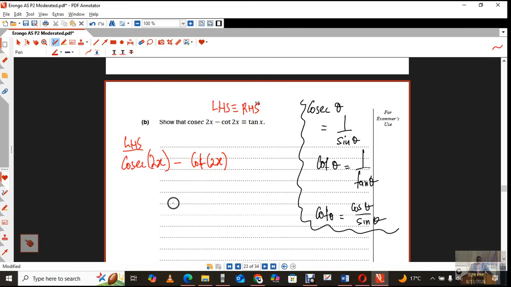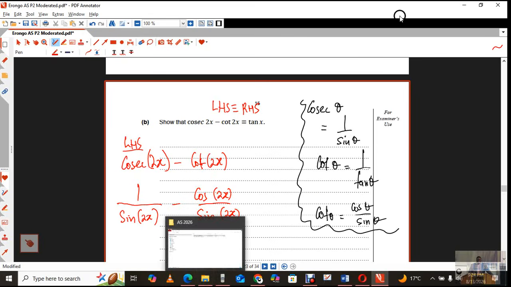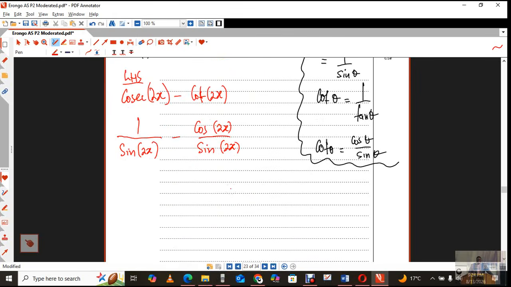Remember I said this is the same as 1 over sine 2x minus cos of 2x over sine of 2x. Can you see that the denominators are the same? So I can actually go ahead and combine them if I wish to. This is 1 minus cos 2x, and then everything over sine 2x.